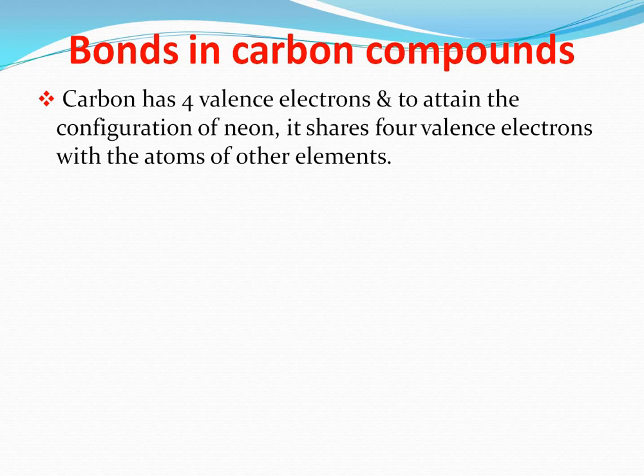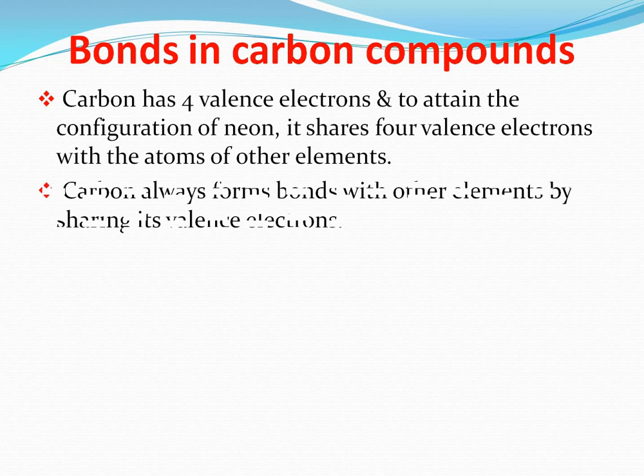Carbon has 4 valence electrons. There are 4 electrons present in its outermost orbit. So to attain the configuration of neon, it shares its 4 valence electrons with the atoms of other elements or other carbon itself.